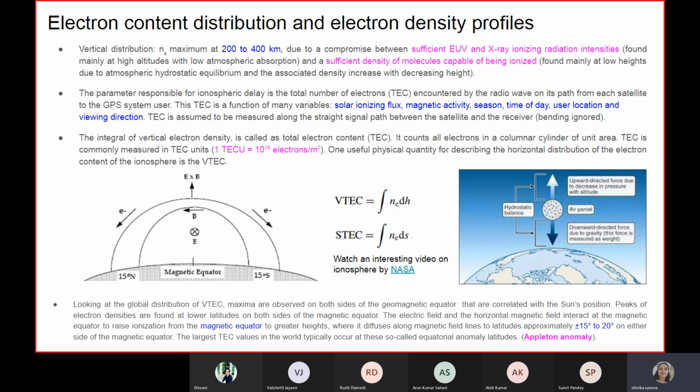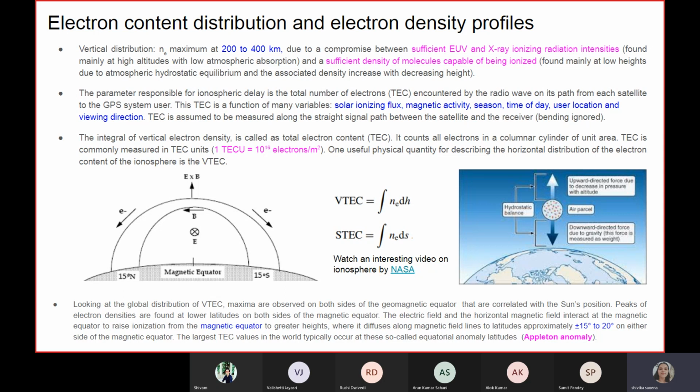So let us see how the electron content is distributed inside the atmosphere. Okay, so the picture shown here on the right side represents the phenomenon of atmospheric hydrostatic equilibrium, as we have discussed many times during these lectures. So what is hydrostatic balance?